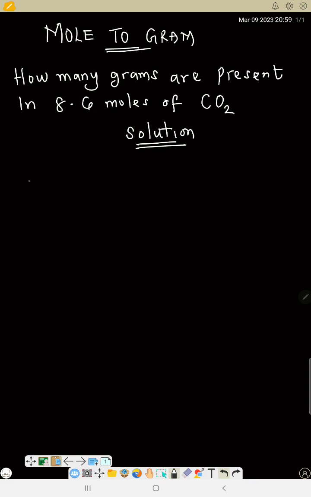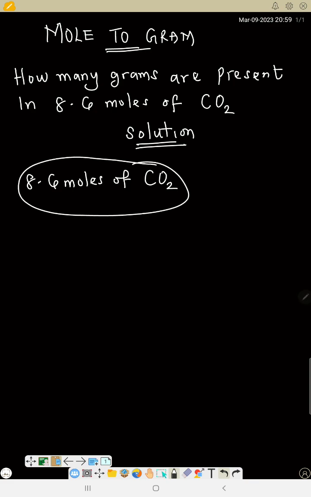So we have 8.6 moles of carbon dioxide. That means if I weigh this on scale, 8.6 moles of this carbon dioxide on scale, how many grams am I going to get?